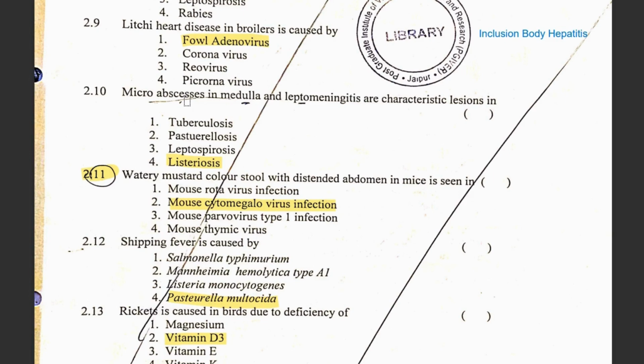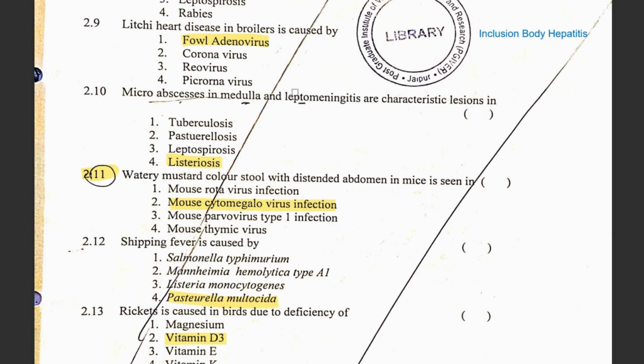Now, for listeriosis, there are basically two questions which get asked quite often. That is microabscess in the brain, and secondly, the cold enrichment procedure. You can also be asked about the tumbling motility found in Listeria at a specific temperature, but microabscess and cold enrichment are the two questions asked very frequently.